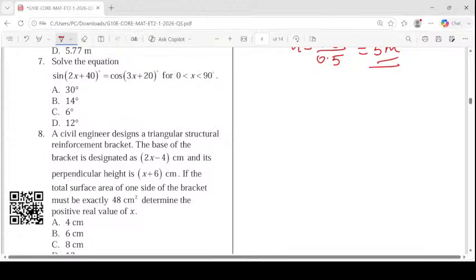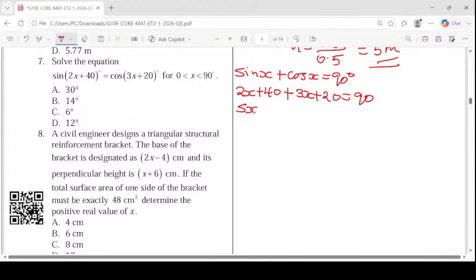Solve the equation sin 2x plus 40 is equal to cos 3x plus 20. Here you need to know that sin x plus cos x is equivalent to 90 degrees. So sin x, that is 2x plus 40, plus the cos value, which is now 3x plus 20, should be equivalent to 90. 2x plus 3x, that is 5x plus 60, is equivalent to 90.